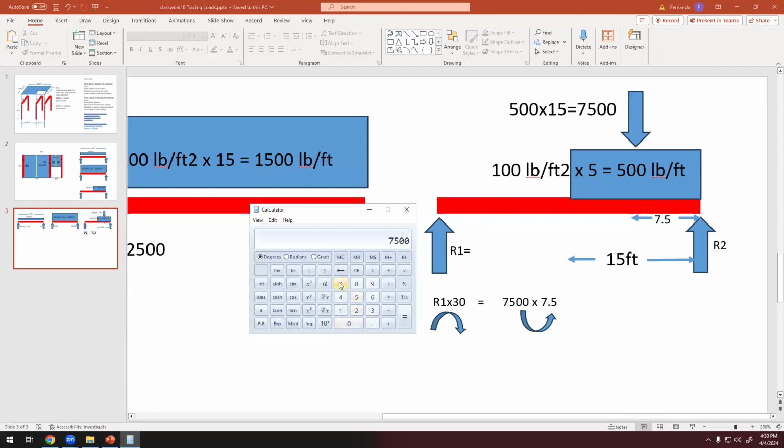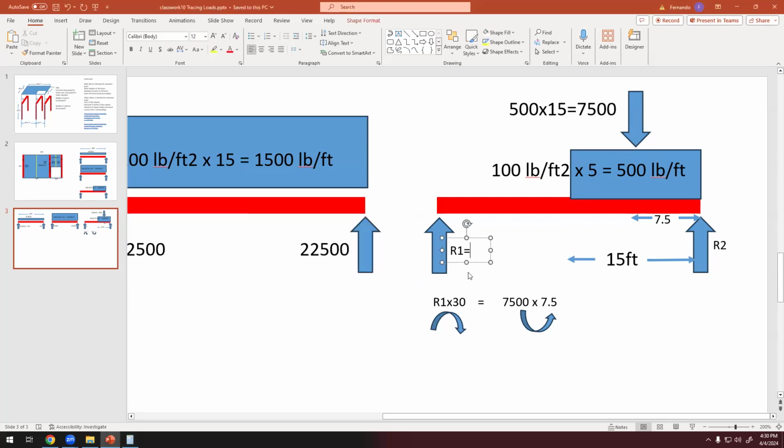So this is 7,500 times 7.5 divided by 30. And this is 1,875.